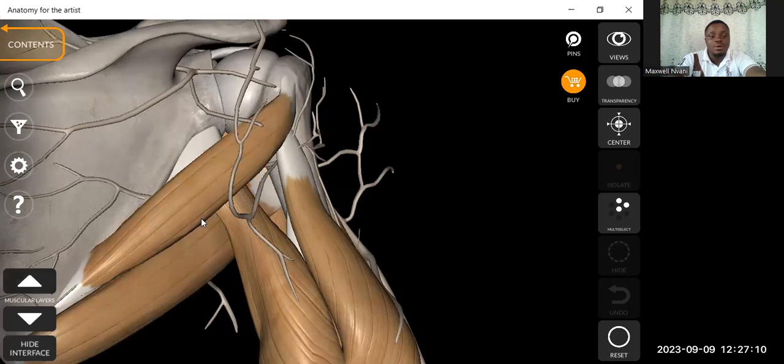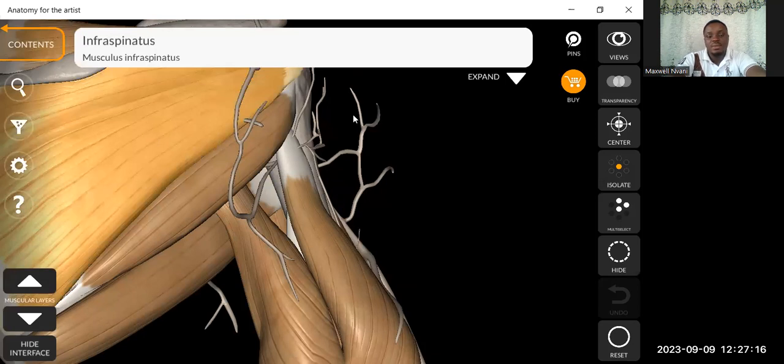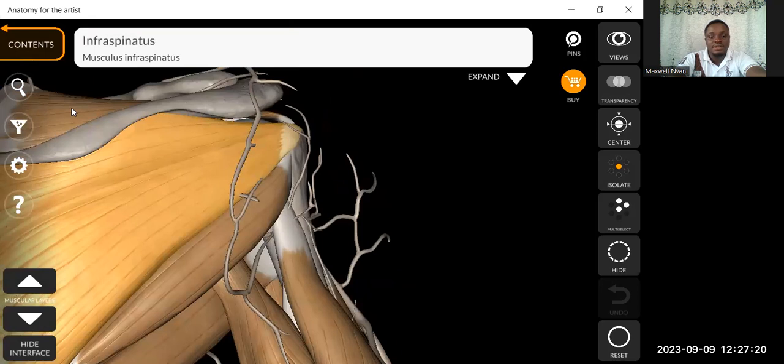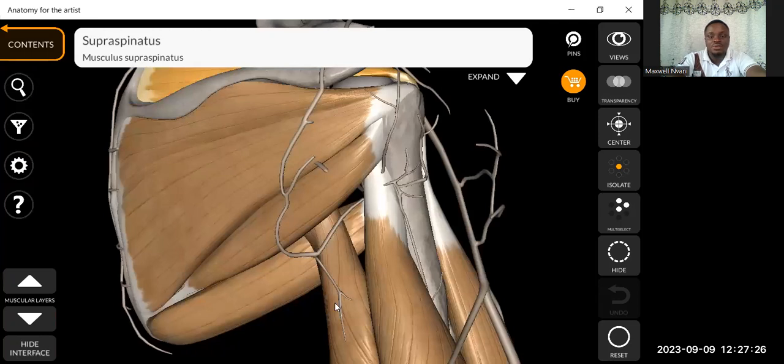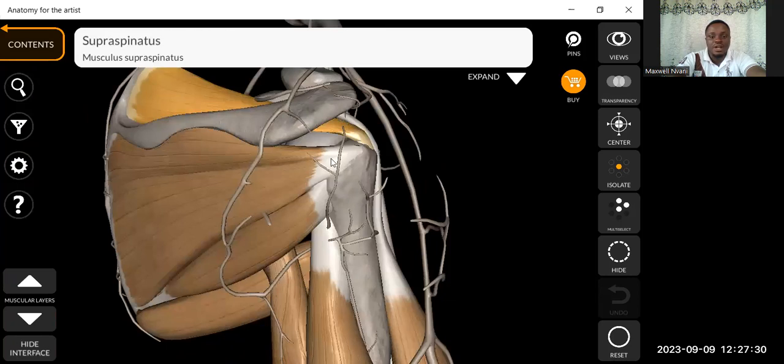The I there is for the infraspinatus muscle at the middle impression right here, while the supraspinatus is inserted at the upper impression right here. So you see these three muscles, they are all attached on the greater tubercle.